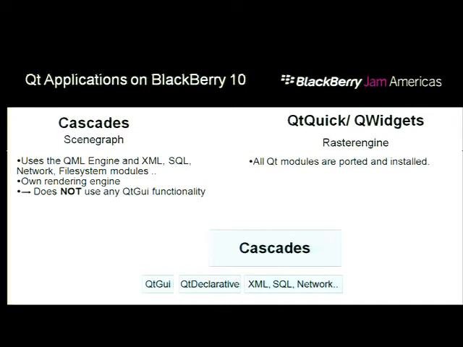But if you want the fastest path to running code on BB10, then you can, of course, also use the other frameworks. In general, Cascades gives you the deepest integration into the platform. So if you're writing an application, we recommend to use Cascades. If you're having your custom UI stuff, like your custom buttons, then QtQuick might be an option for you.